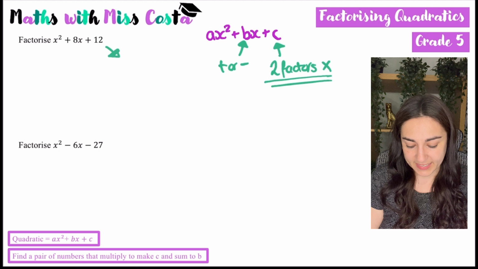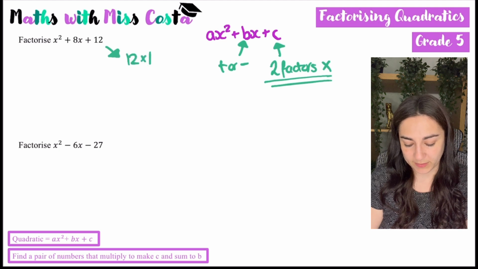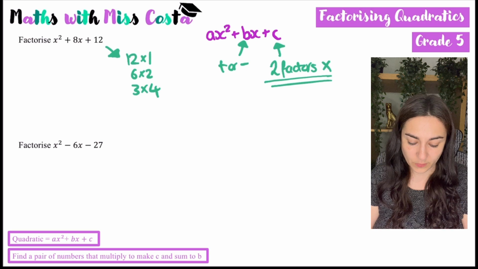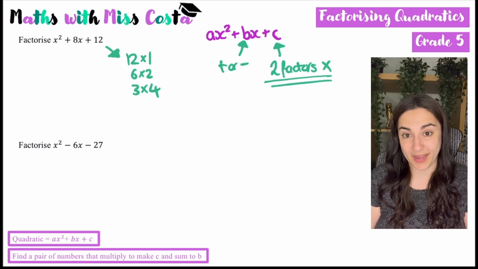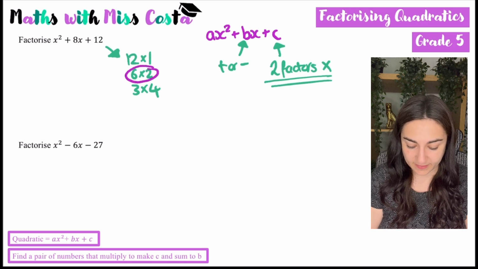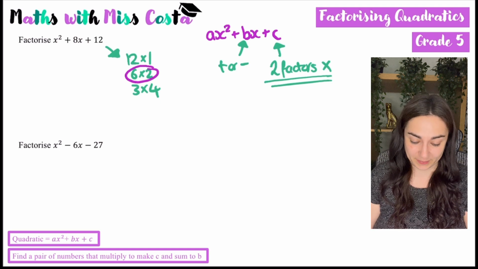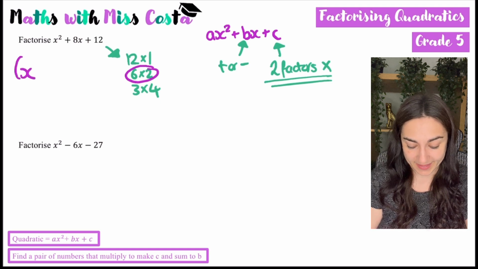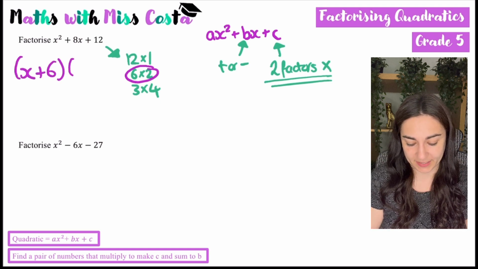So you start by writing out the factors of 12. You've got 12 times 1, 6 times 2, and 3 times 4. And which of these two also add or subtract to make 8? Well, 6 plus 2 gives me 8. So to factorise that, it's going to be x plus 6, x plus 2.